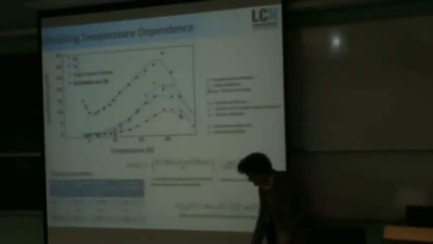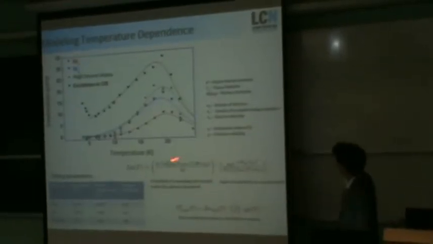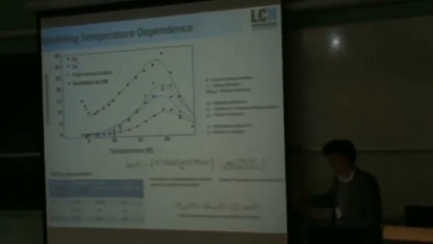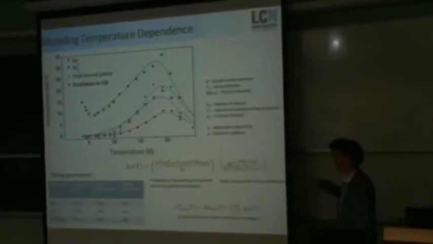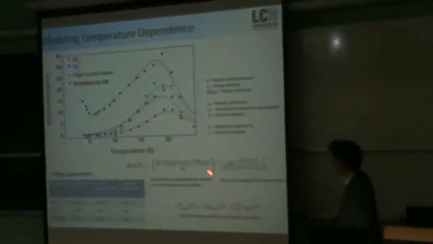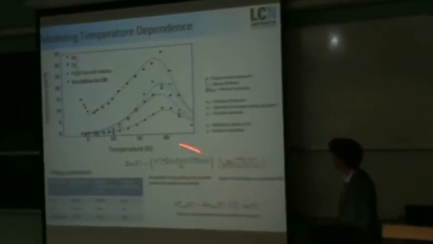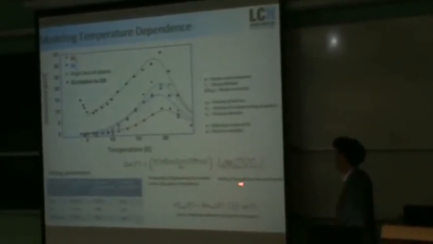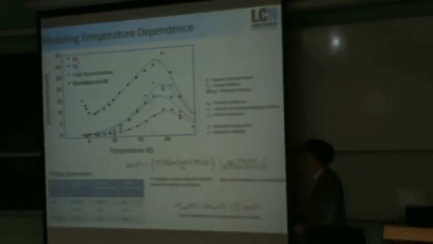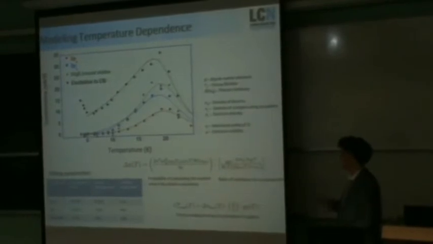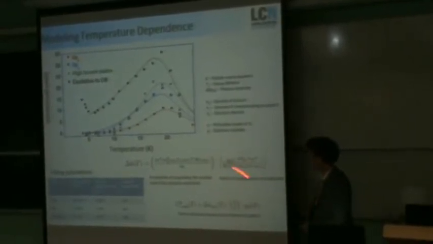So just to say that again, we've actually been able to quite accurately model that by looking at the number of electrons with time in the conduction band. Basically, by looking at the probability of excitation to the conduction band, and then multiplying that by the ratio of the rate of ionization divided by the rate of recombination you see here.